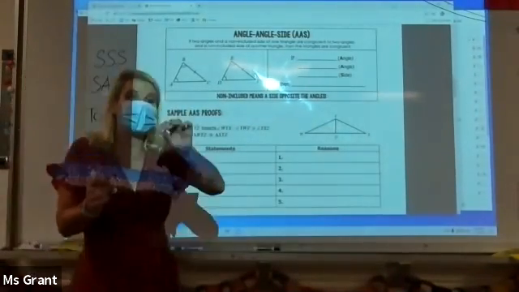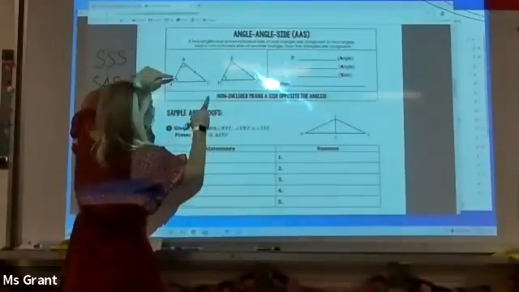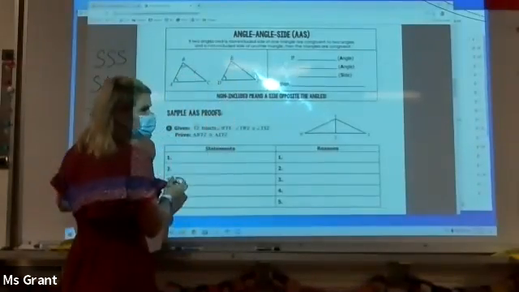Angle, side. Two angles directly in a row, right after each other, and then following that second angle is a side. Angle, side.